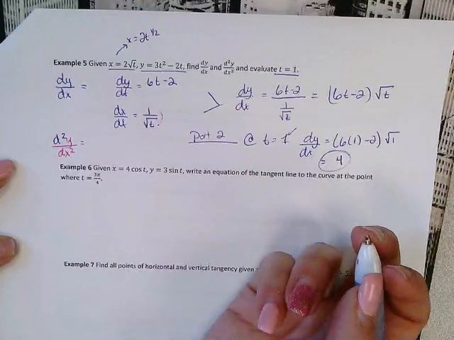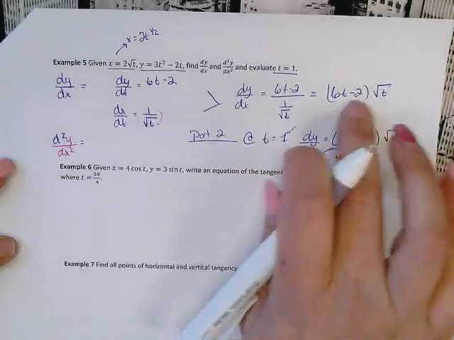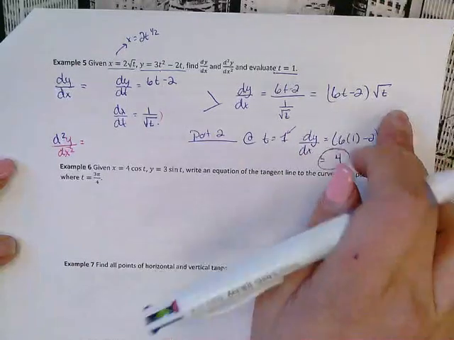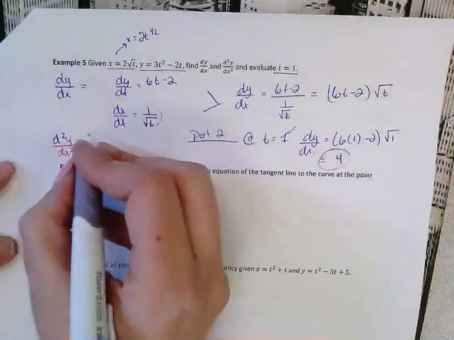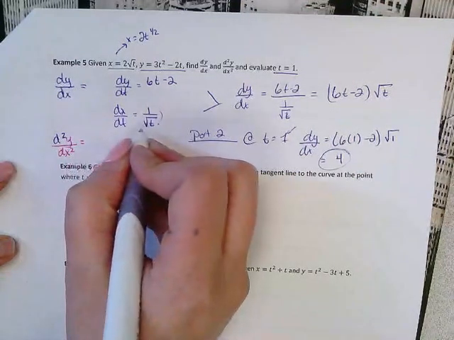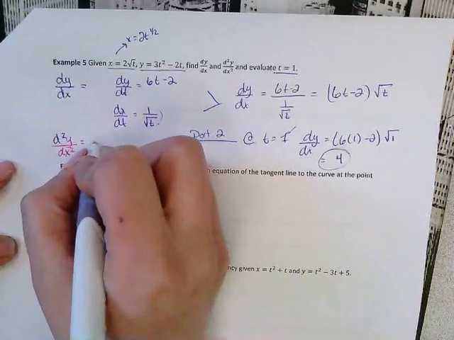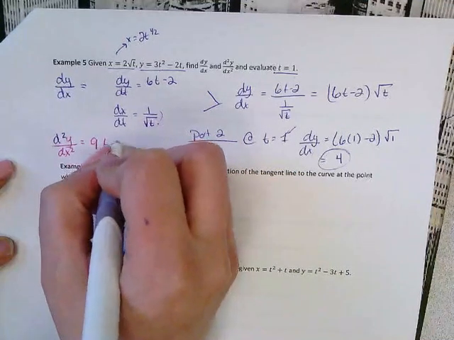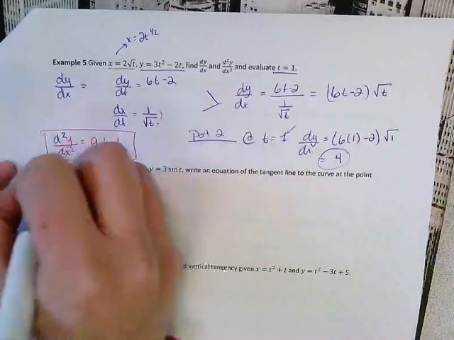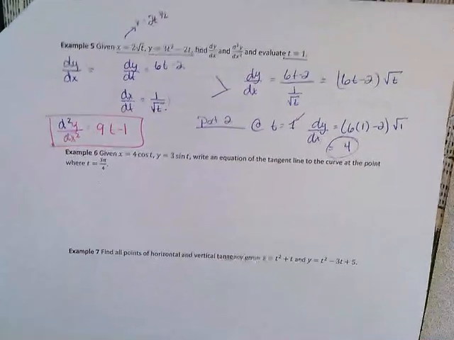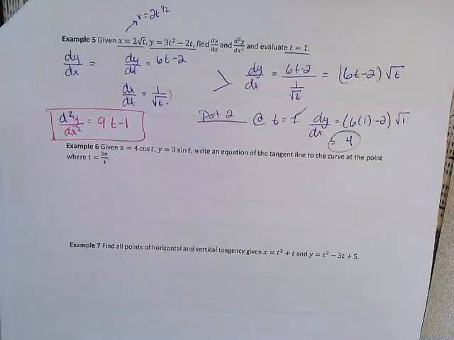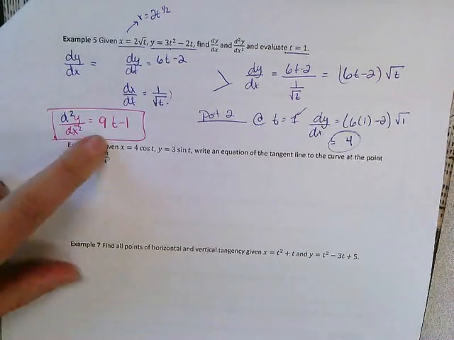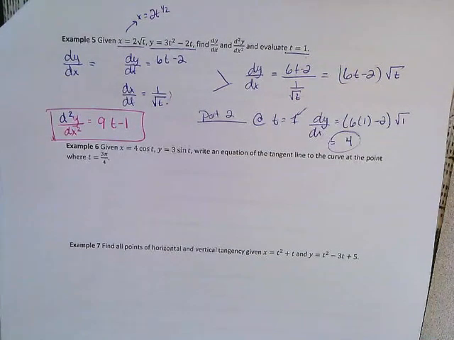So the derivative of the first derivative right here, I'll let you guys figure that out, and divide it by dx squared, we should end up with 9t minus 1. So why don't you guys do this, and if you don't get the correct answer, then we'll talk about it later. And then of course you have to evaluate this at t equals 1, which will give us the acceleration at that point.